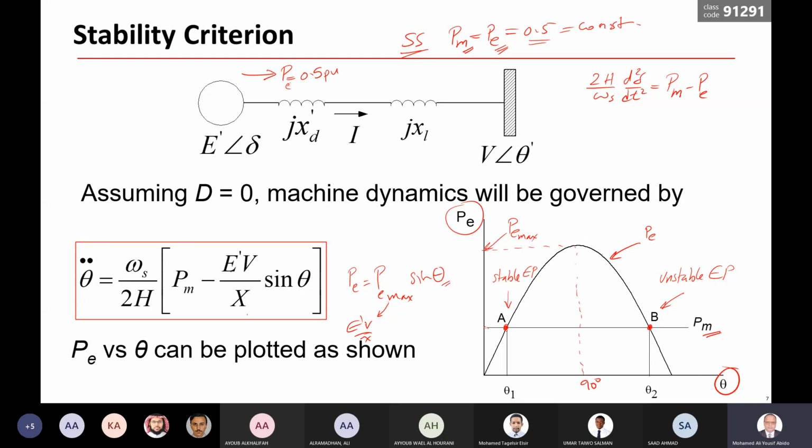Okay. Let us explain why A is a stable equilibrium point in view of the swing equation. If P mechanical is greater than P electrical, will the system accelerate or decelerate?